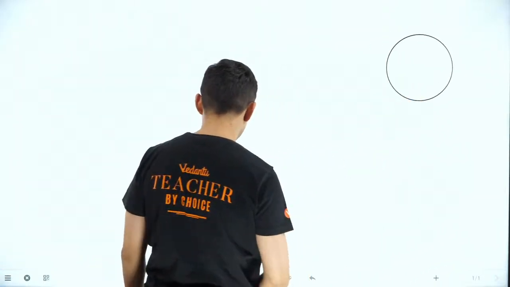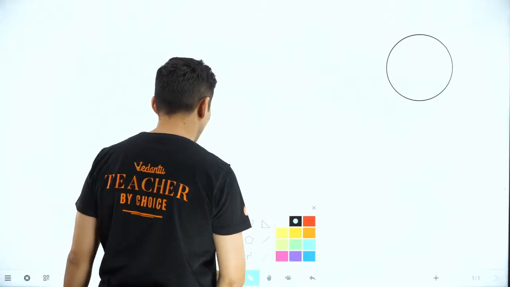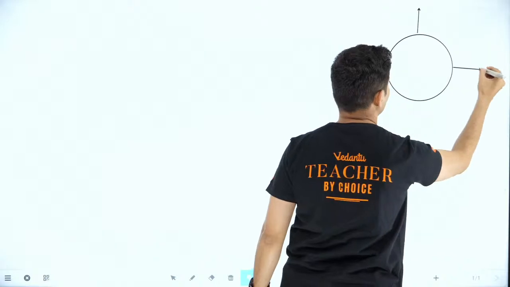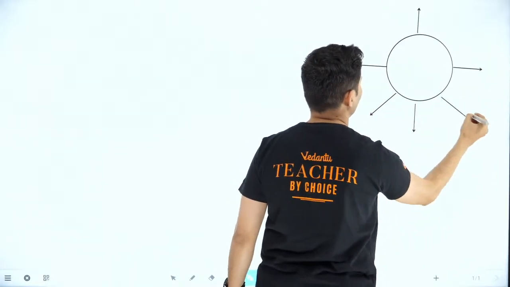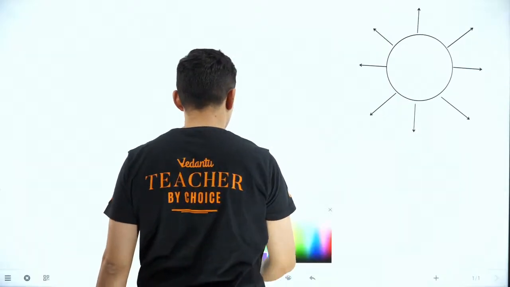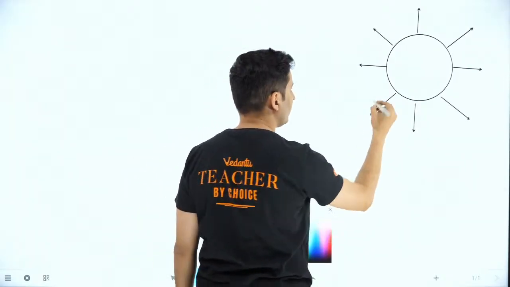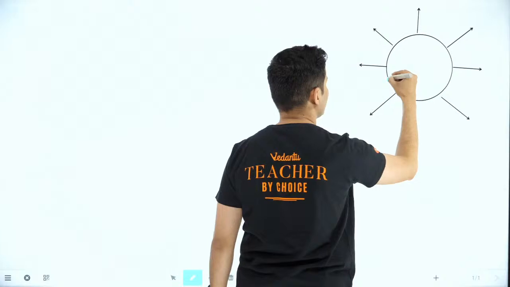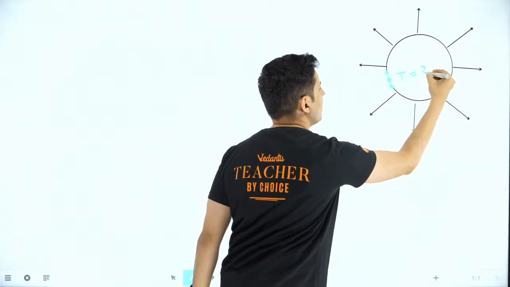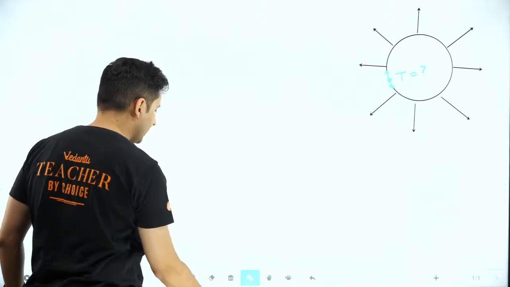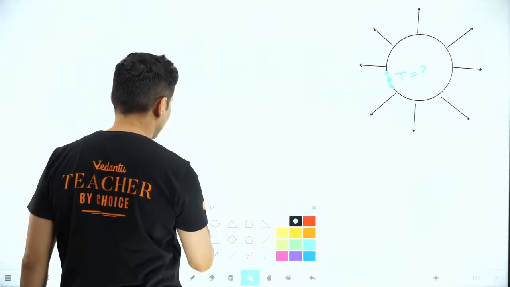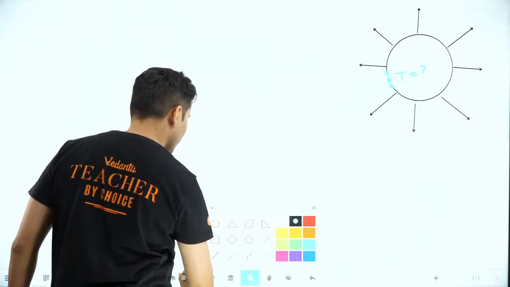This was my loop and it was being pulled from everywhere like this, and I want to find out what is the force of tension which acts within the loop. So this is exactly what I want to find. To do that, what I'm going to do is imagine a part of a circle. Okay, so let's do this.